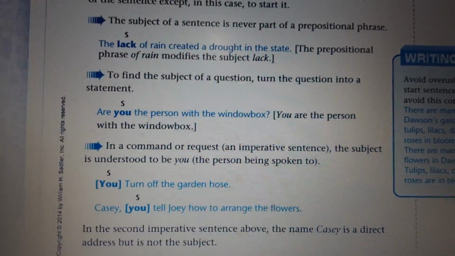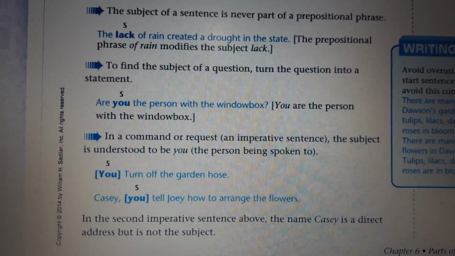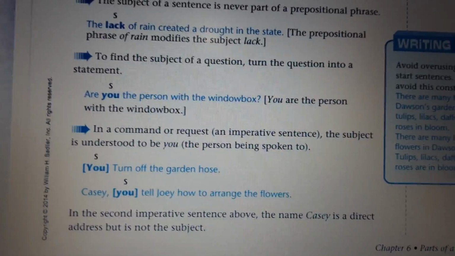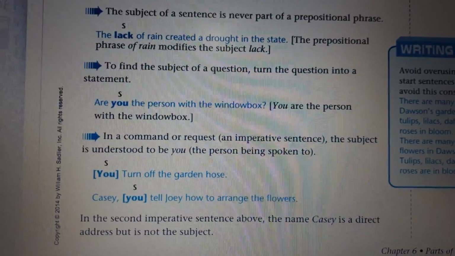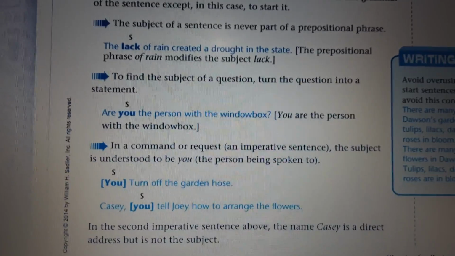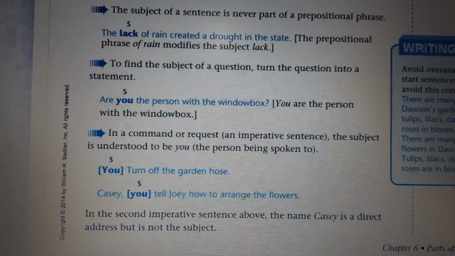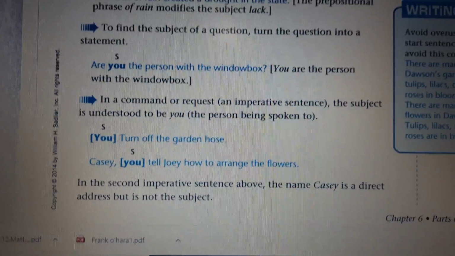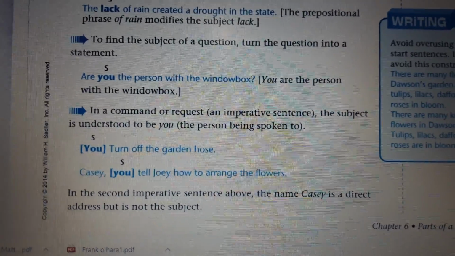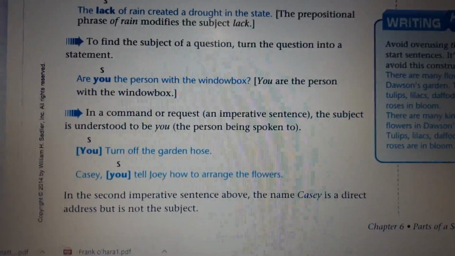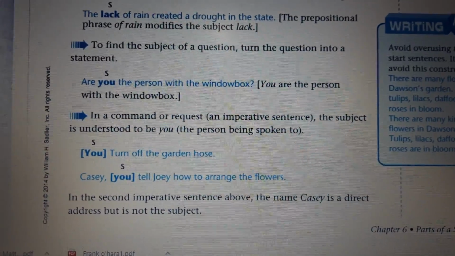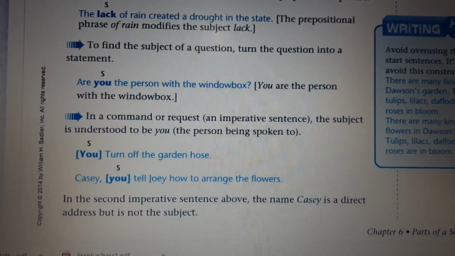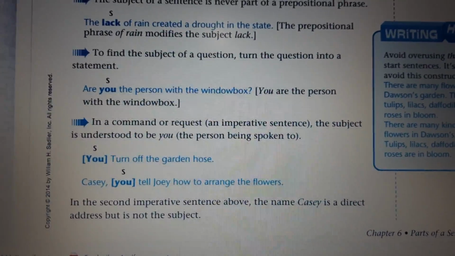You tell Joey. So Casey, this is not a subject. You is the subject because you tell Joey. I'm telling you, this is a request or a command. You tell Joey how to arrange the flowers. Okay. So here in the second imperative sentence, the name Casey is a direct address, but is not the subject, because I say, Casey, you tell Joey how to arrange the flowers.